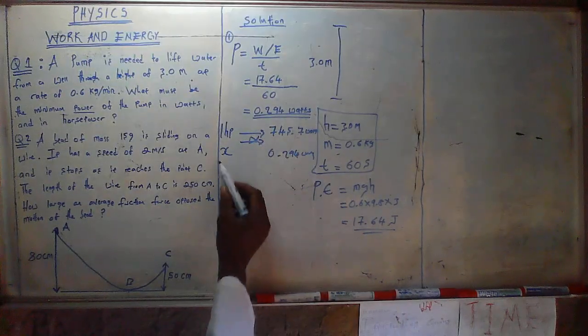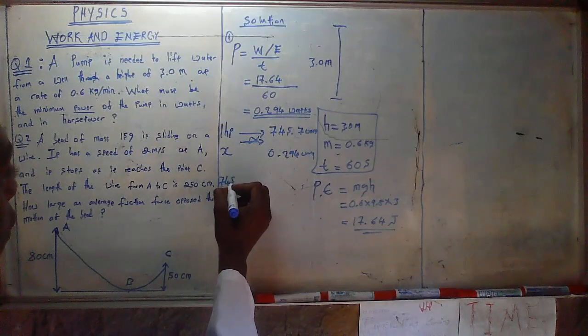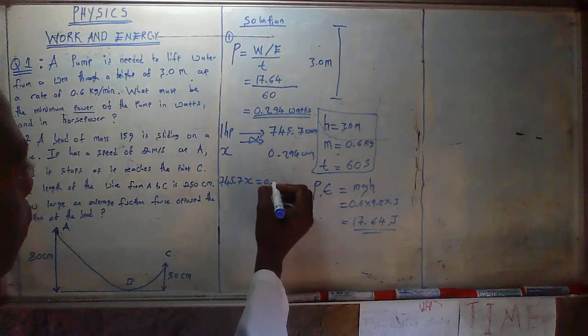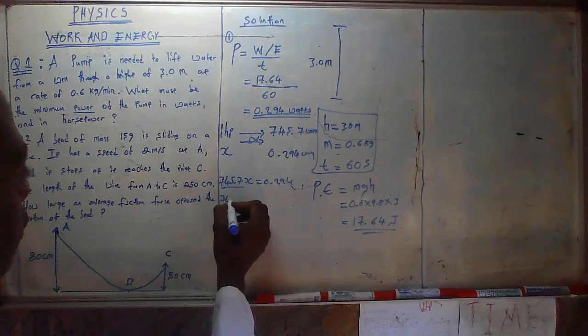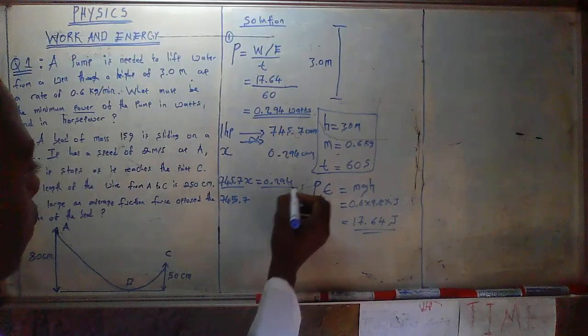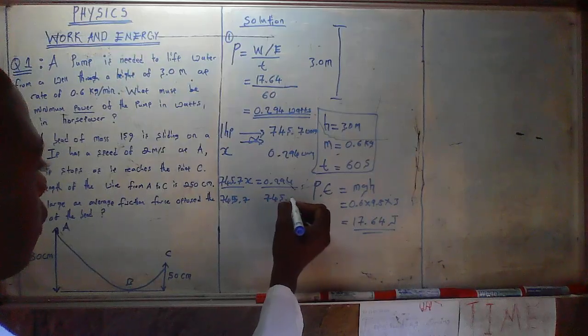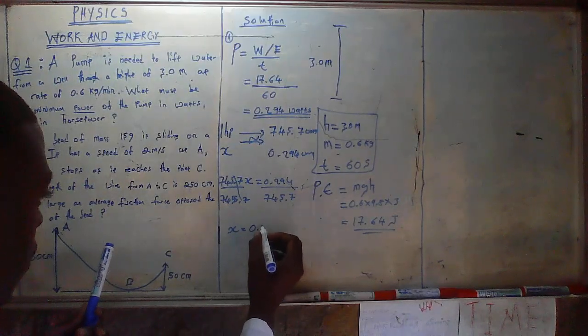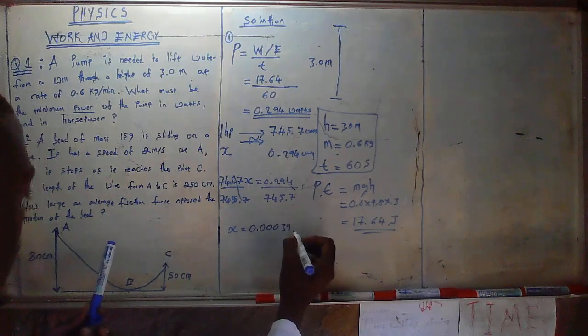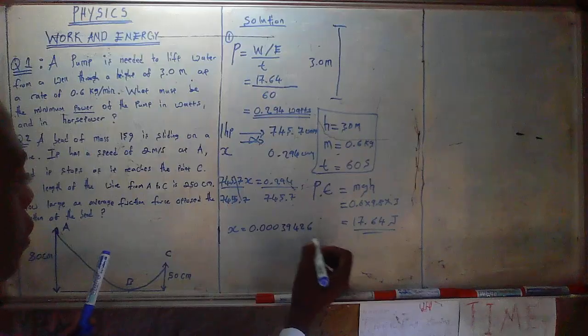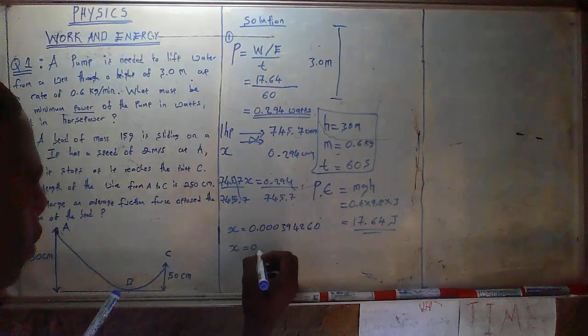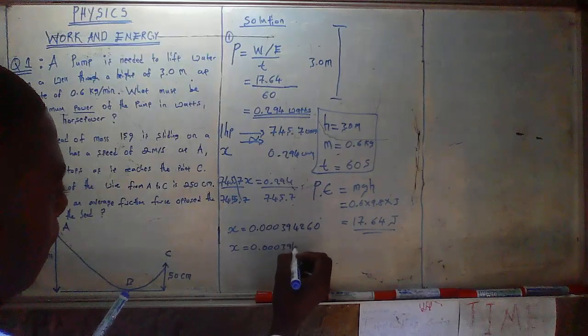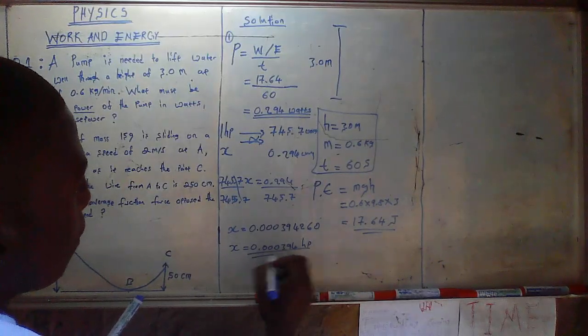So when we cross multiply, we'll have something like 745.7 x is equal to 0.294, so x equals 0.294 over 745.7, which gives us something like 0.0003946 horsepower.